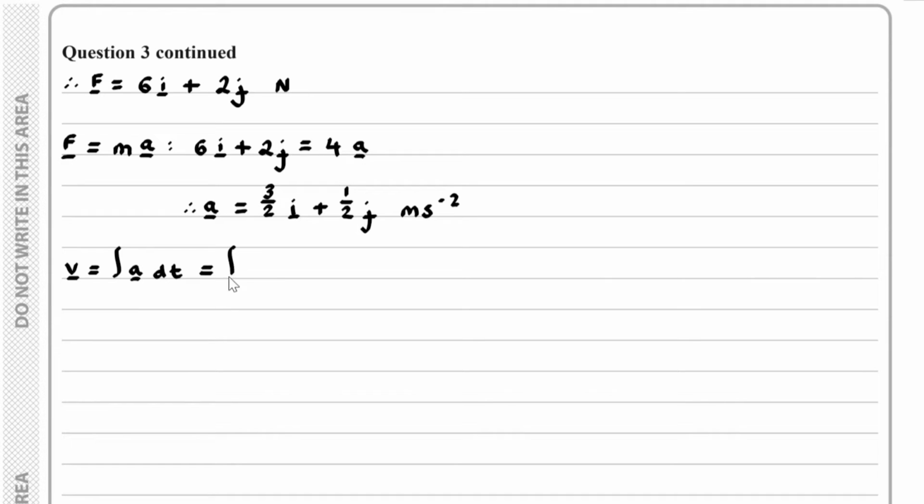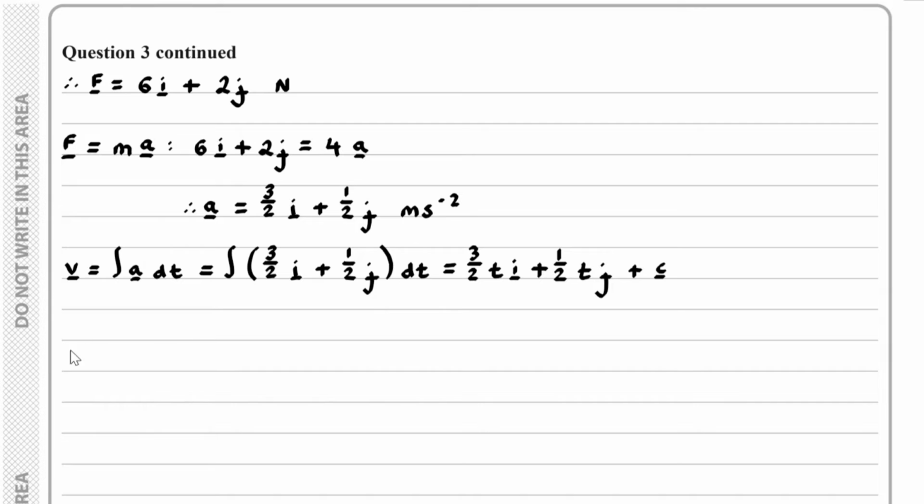So, we will be integrating with respect to time the vector a, and if we work out what this is, we have 3 over 2 t in the i direction plus 1/2 t in the j direction plus some constant of integration c.